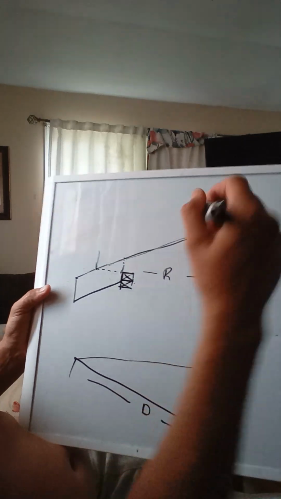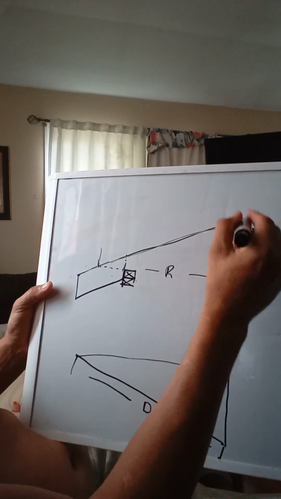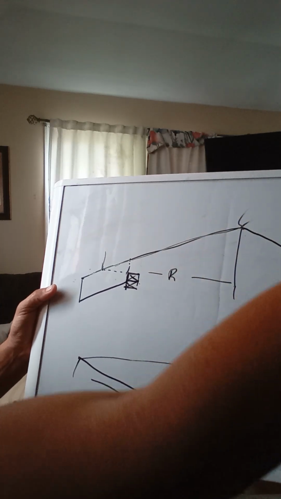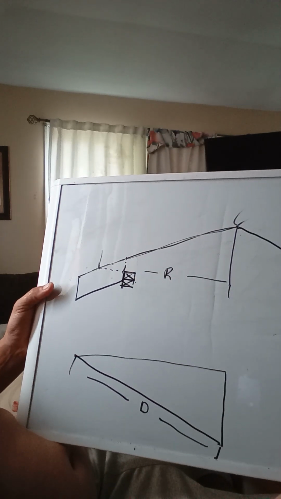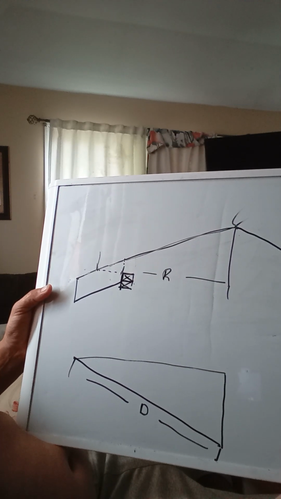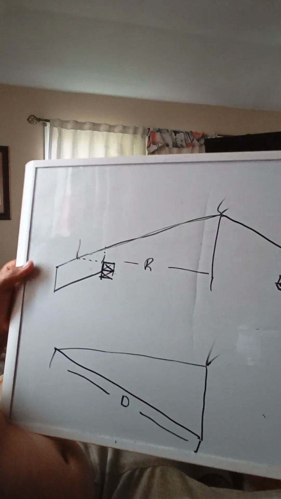Wherever that is, if I mark the ridge, you've got to keep it square up here as I'm pushing. But if I mark that ridge, that's your run. That, going that way. So right here, there it is, right?